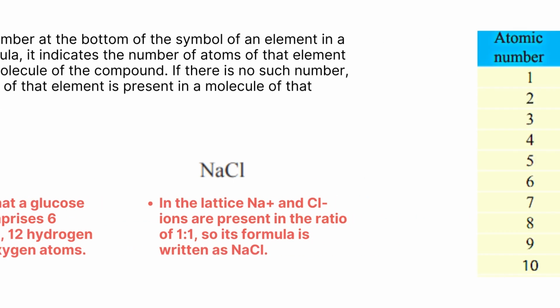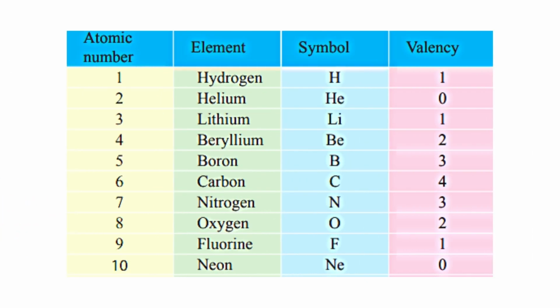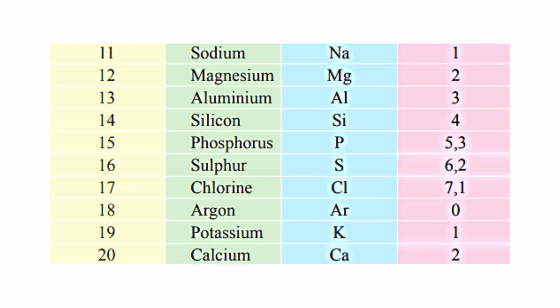The valency of the elements from atomic numbers 1 to 20 is given in the table below. Hydrogen can lose 1. Helium 0. Lithium can lose 1. Beryllium can lose 2. Boron can lose 3. Carbon can lose 4. Nitrogen can gain 3. Oxygen can gain 2. Fluorine can gain 1. Neon 0. Sodium can lose 1.